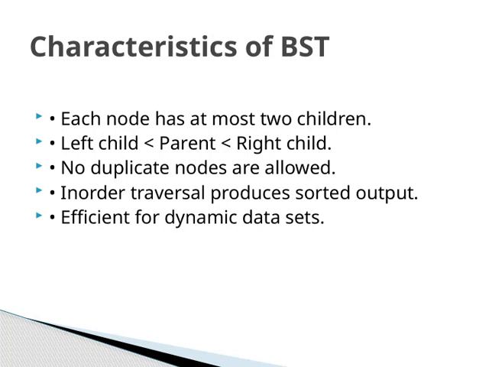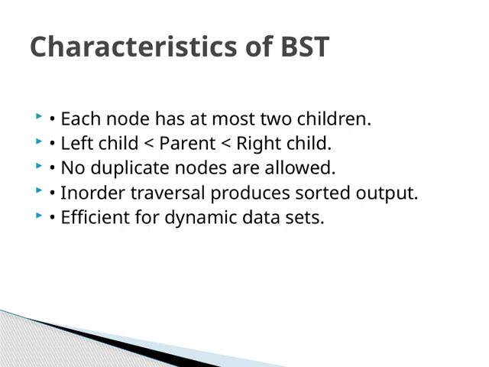Let's take a closer look at the key characteristics of a binary search tree, or BST. First, each node in a BST has at most 2 children, which keeps the structure simple and manageable. The next point is about the ordering. The left child is always less than the parent, and the right child is always greater than the parent. This property is fundamental because it allows us to efficiently search for values. Also, it's important to note that duplicate nodes are not allowed in a BST, which helps maintain the integrity of the structure.